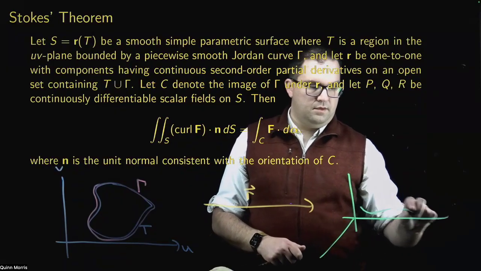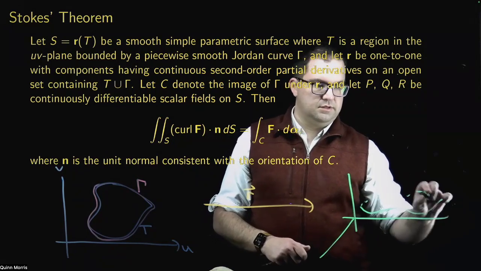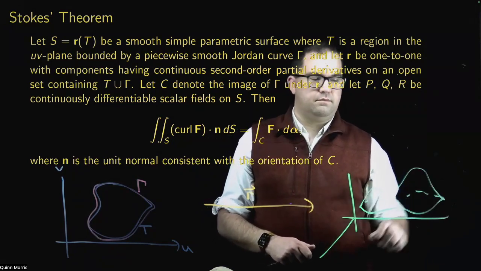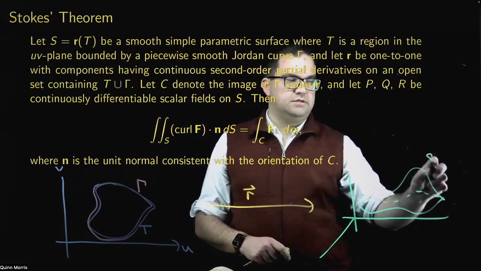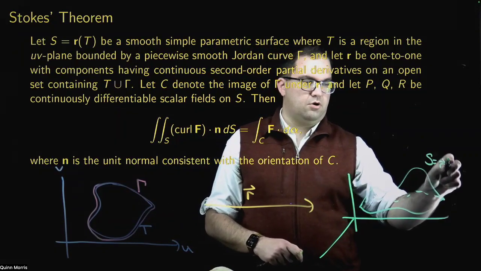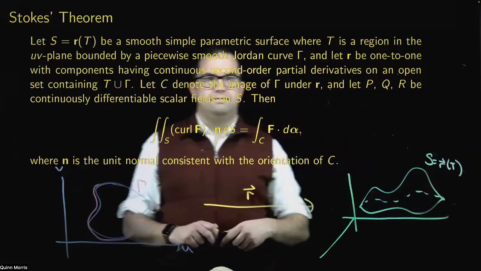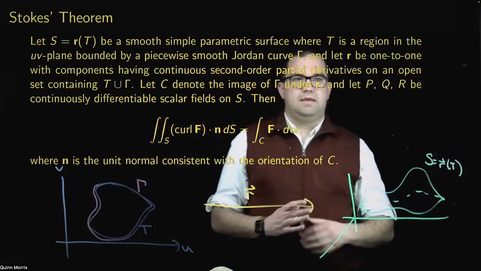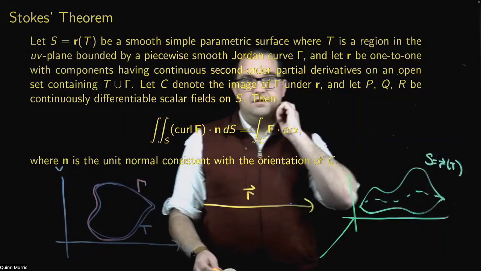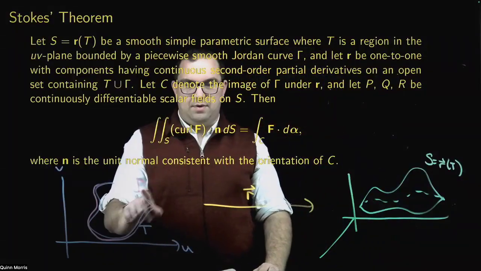And right, it does whatever it does. Okay, so here's my surface S, which is just R of T. And here C is the image of gamma under R.